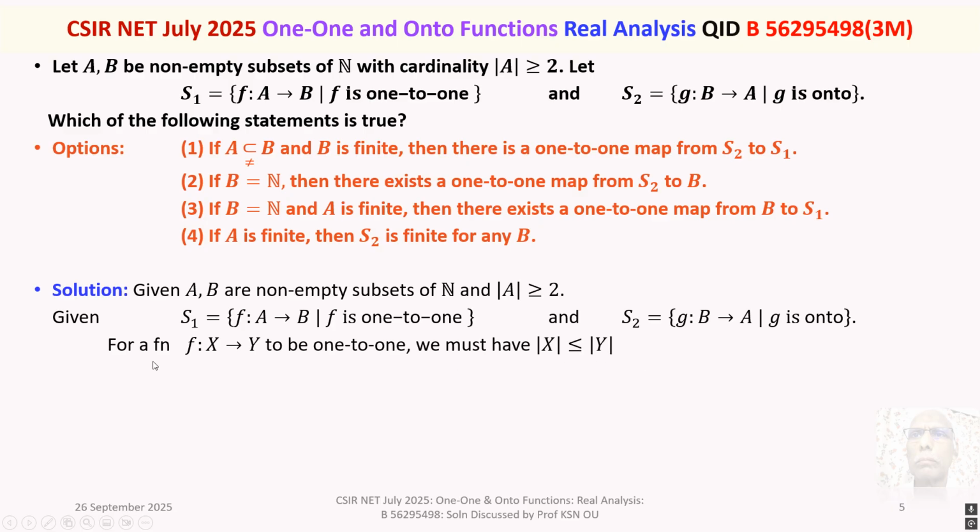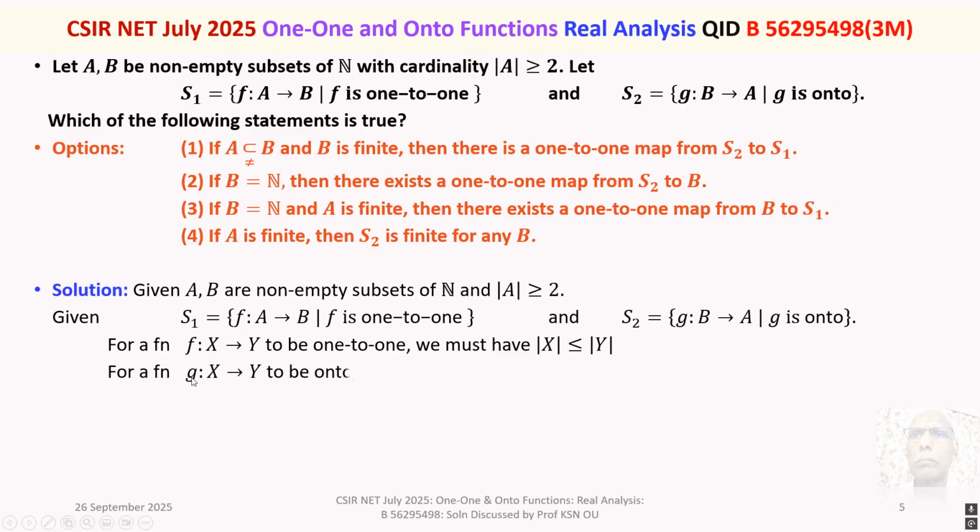For a function f from X to Y, where X and Y are sets, to be 1 to 1, we must have the cardinality of X less than or equal to the cardinality of Y. Cardinality of the domain is less than or equal to cardinality of the codomain.